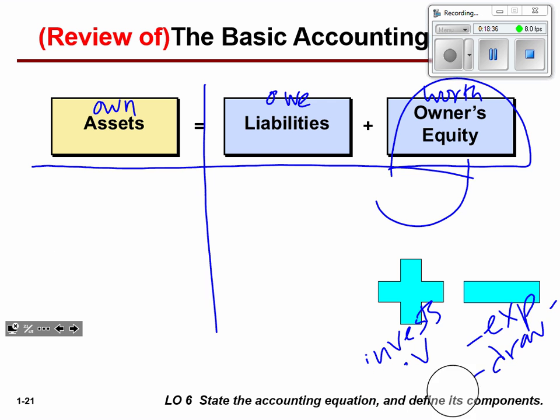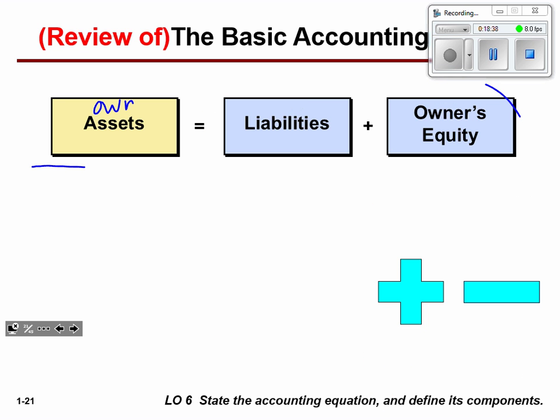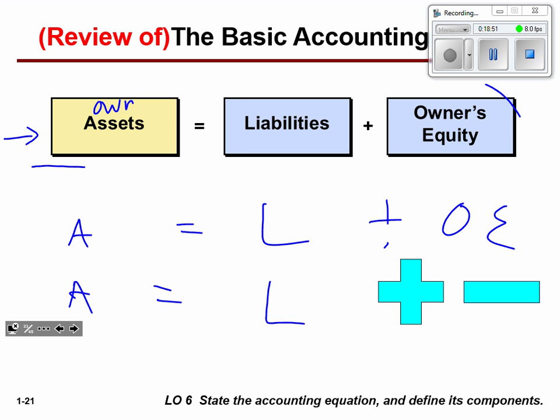This slide one more time. Your basic accounting equation is this: assets equal liabilities plus owner's equity. The expanded accounting equation is still assets equal liabilities plus two things minus two things.